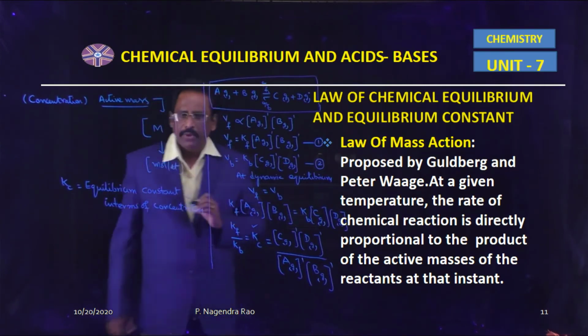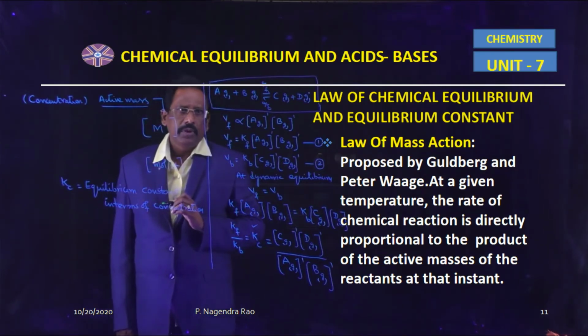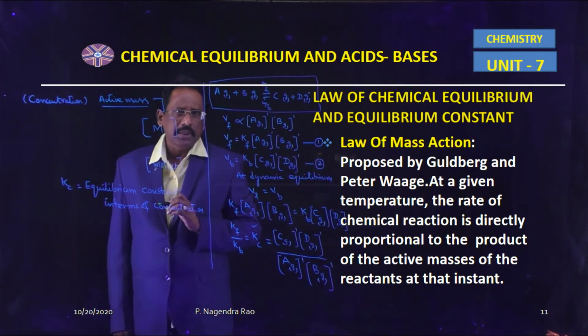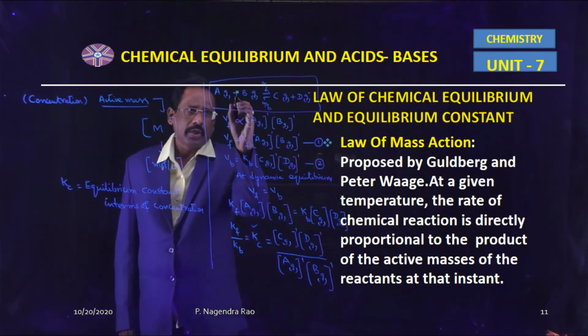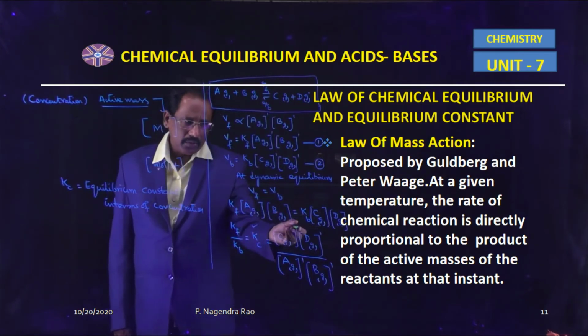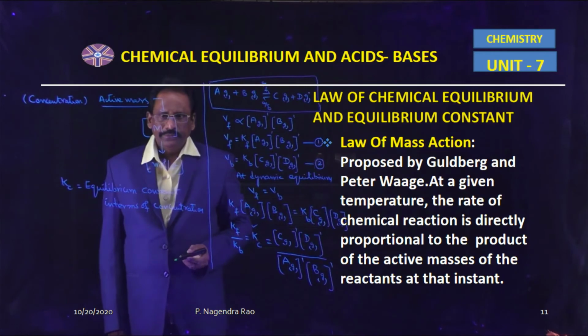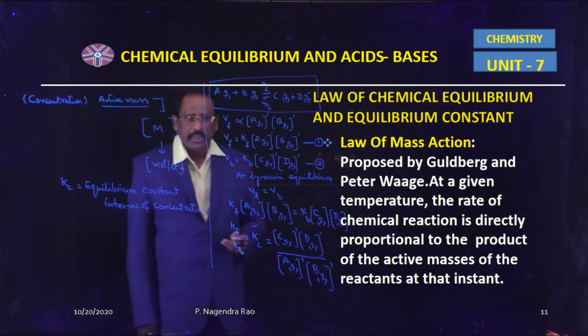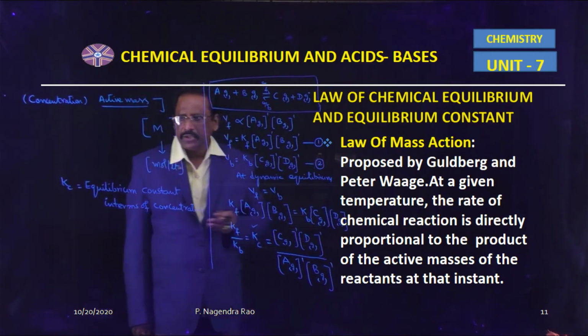In this example, the stoichiometric coefficients are 1:1:1:1. That's why it is raised to the power 1. So this is about the law of mass action.